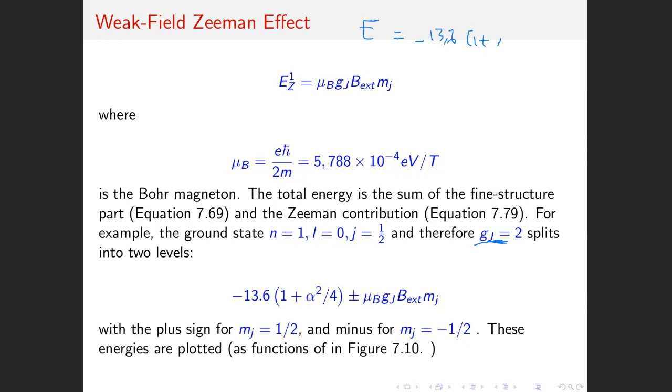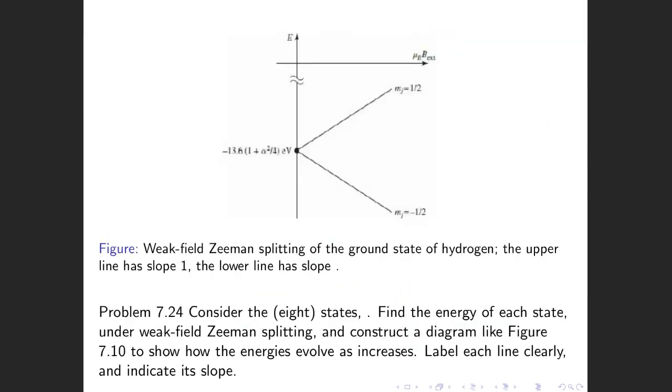So you first calculate the fine structure contribution, you get alpha squared over 4, and then you get plus the factor of 2 times the Bohr magneton times B, and mj was just a half. So I think you end up with only plus or minus mu B, the Bohr magneton. Then you can plot these energies.